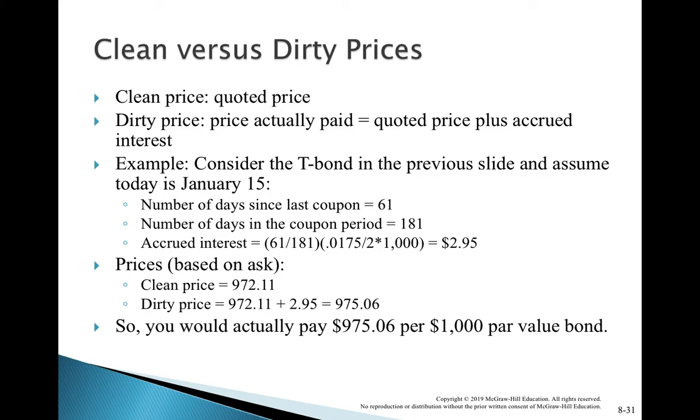Whereas 15 January is 61 days since the last coupon was paid. Because the seller holds the bond for 61 days, he will calculate the accrued interest of 61 days out of 181 days. Rate of coupon is 1.75%, face value is 1000.